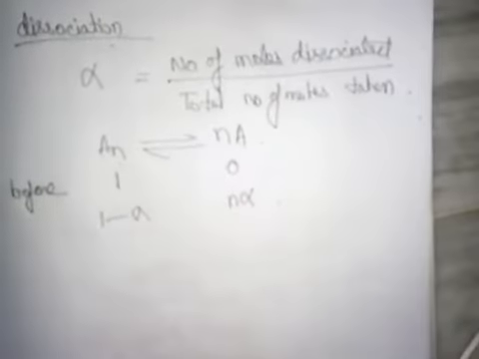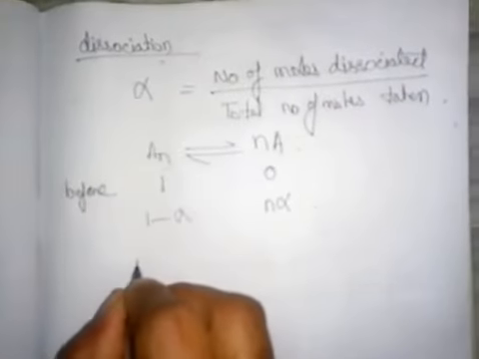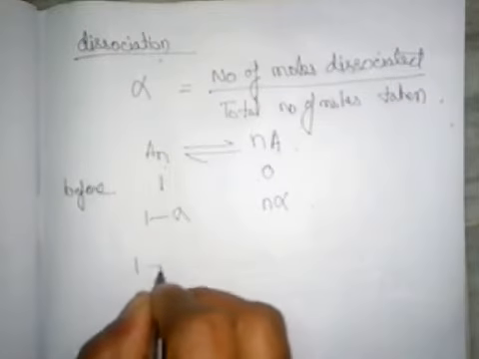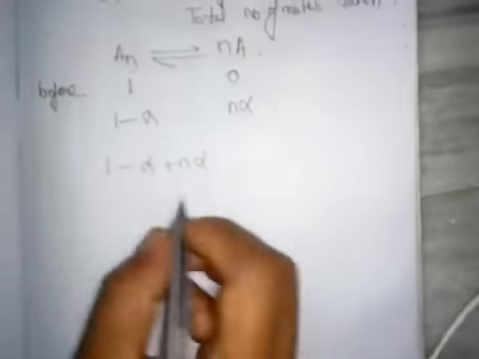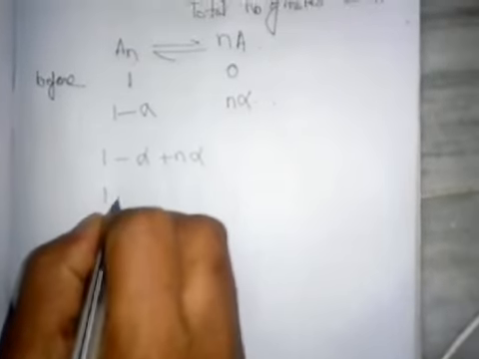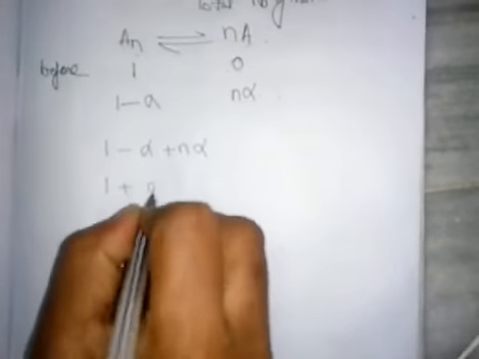Now, total number of moles is equal to 1 minus alpha plus n alpha. This can be written as 1 plus (n minus 1) alpha.